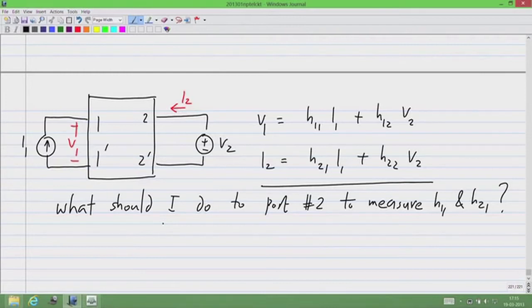So clearly, when you are measuring H11 and H21, you have to set the independent source on port number 2 to 0. So in this case, we have to set V2 to 0. Now, what happens if V2 is 0? Is it open circuited or short circuited?